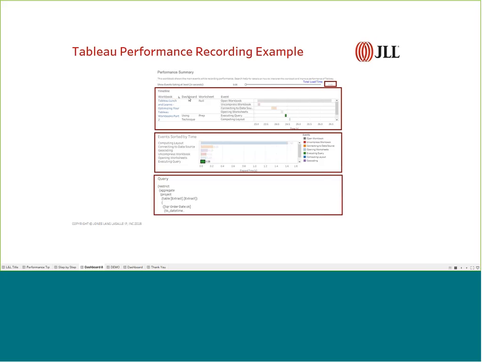Then the 4th item is the event. Now, in Tableau, when Tableau spins up or renders a view, which is the technical term for what Tableau does when it produces a dashboard, there are a bunch of activities that take place in order to render that dashboard. That's an event, right? So you get a list of events.